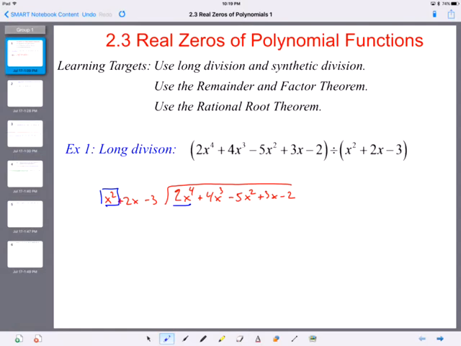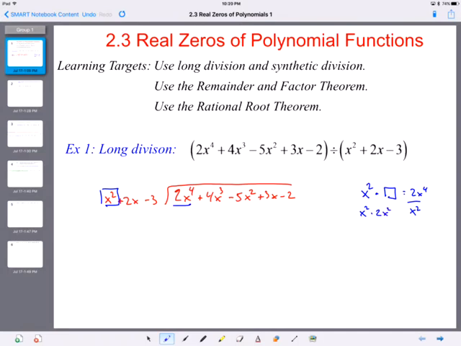So x squared times something is going to equal 2x to the fourth. You can either ask yourself that question, or you can solve it by dividing by x squared. That would be x squared times 2x squared. So 2x squared goes on the top.